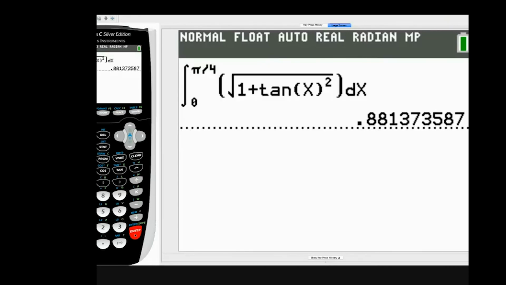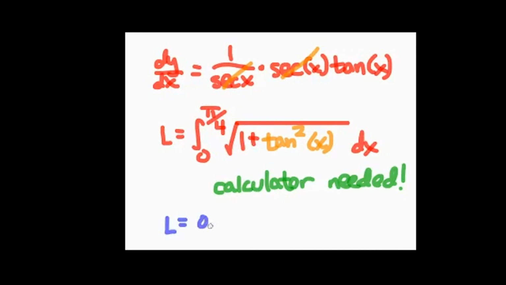Yeah, it's something like that, 0.881. L is equal to 0.881, 3 decimal places. And there we go.